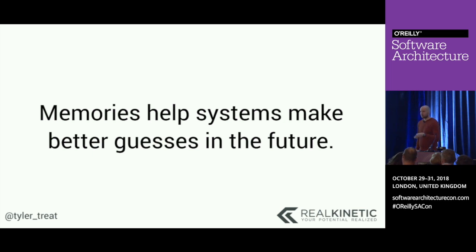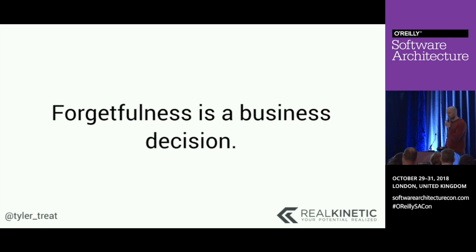And the level of forgetfulness we can tolerate determines how responsive our application can be. That forgetfulness is also a business decision, right? It's a business decision how much money, how much latency, how much energy we're willing to put into this to reduce incorrect guesses and balance that responsiveness with correctness.